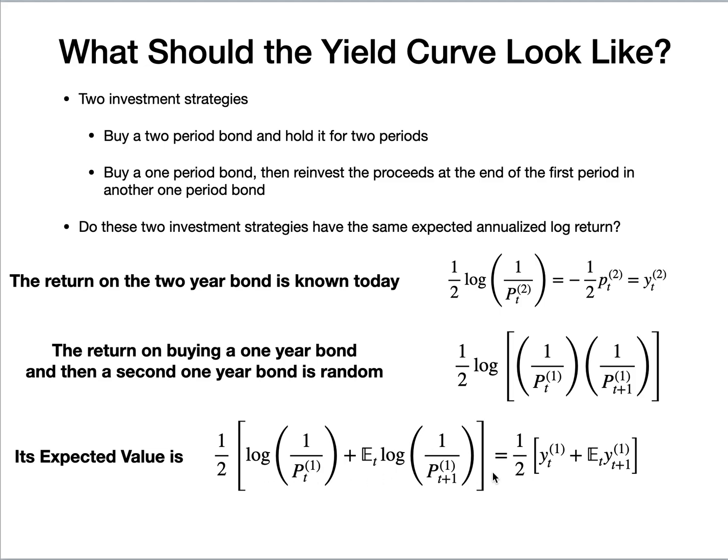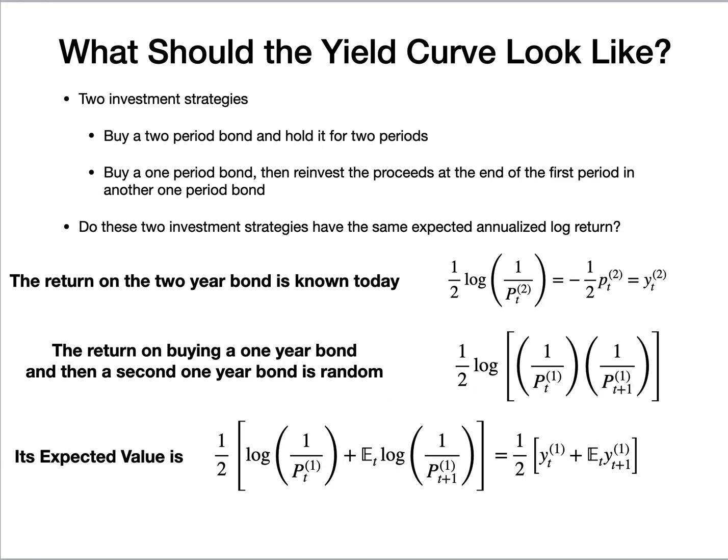And we used that to say that rate of return is an average of the yields this period and expected next period on the short-term bond. And we now want to compare this rate of return to this rate of return, which is what you get from these two different investment strategies.